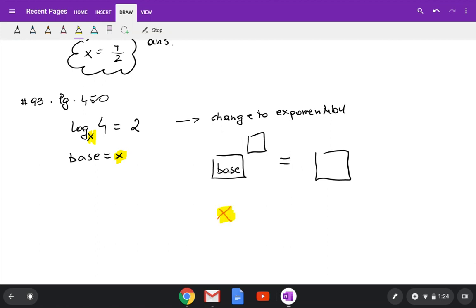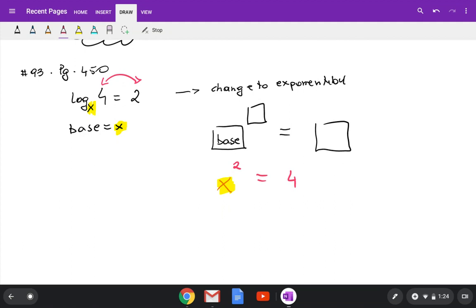Now I need the exponent. Don't forget that when you change to exponential, those expressions switch position. So next to the base is going to be 2, and 4 is going to be outside. So we have x squared equal to 4.